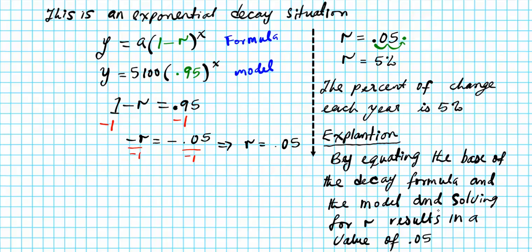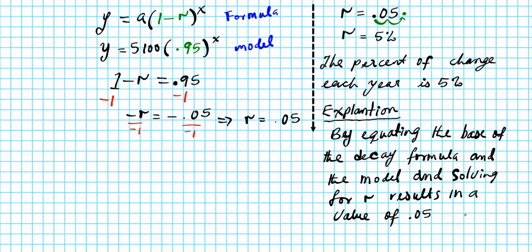Okay, so if we equate them and solve for r, we're going to get 0.05, which is equal to, in percent form, 5%. Okay, so 0.05 and 5% are the same thing. Okay, so that's basically the explanation of how we came up with our answer, a rate of change of 5%.